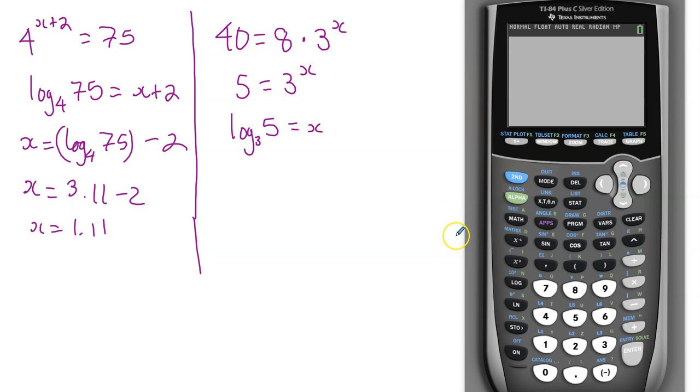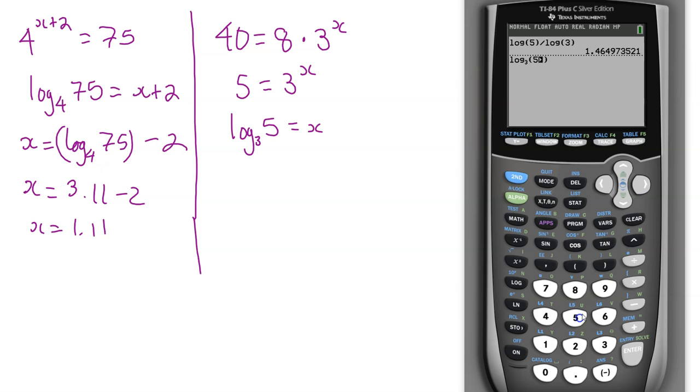On the old calculator, you're going to go log 5 divided by log 3. So the log of the value divided by the log of the base. And on the newer calculator, alpha f2, number 5 is log base. Put in the base of 3.